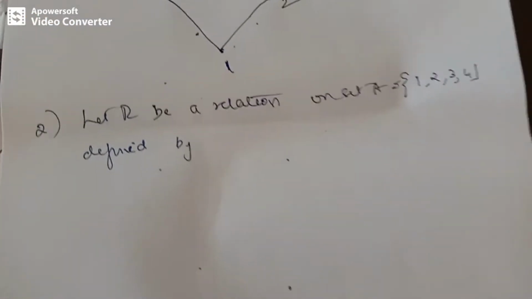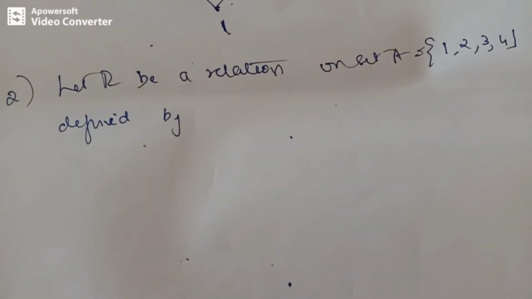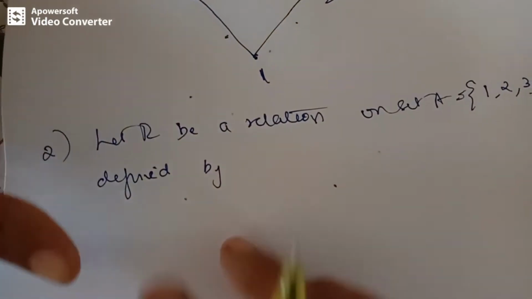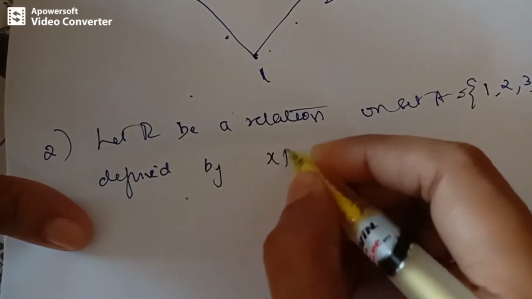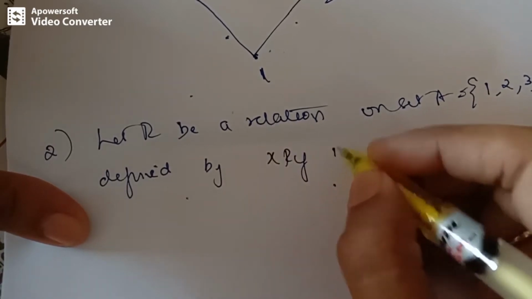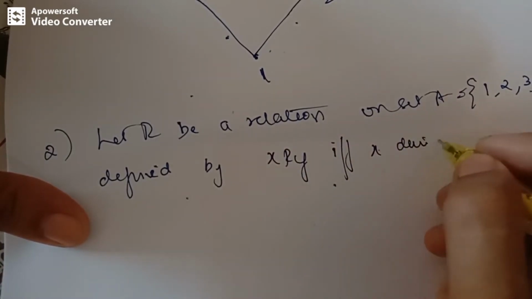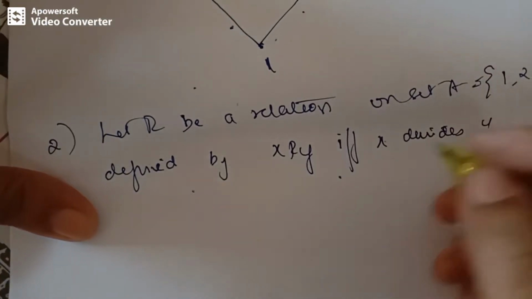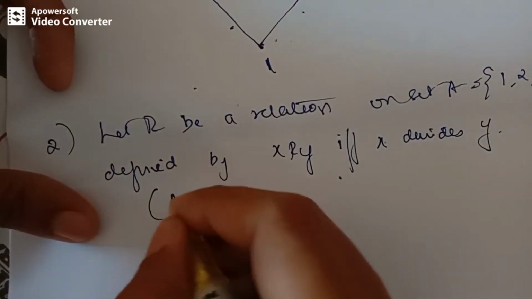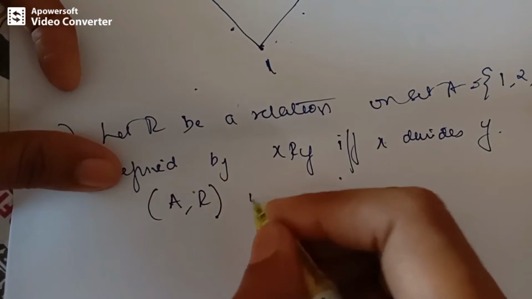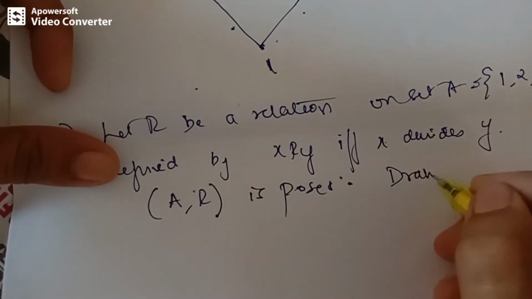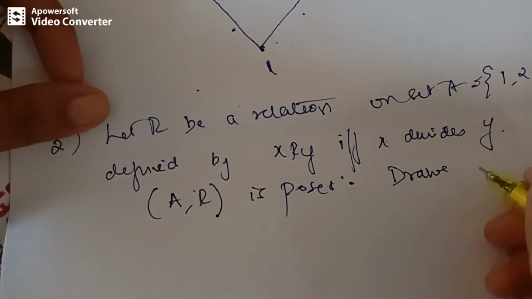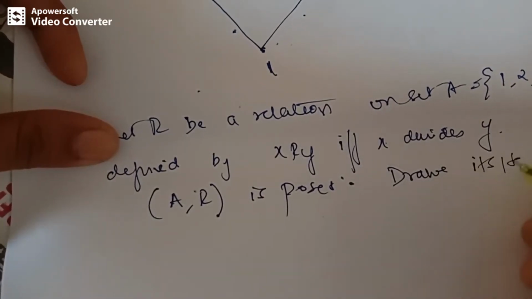Let R be a relation on set A defined by x related to y if and only if x divides y. Prove that A comma R is a poset, that is, it should be a partial order. We need to check whether it is a partial order, and draw the Hasse diagram.